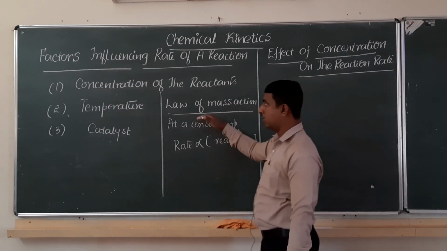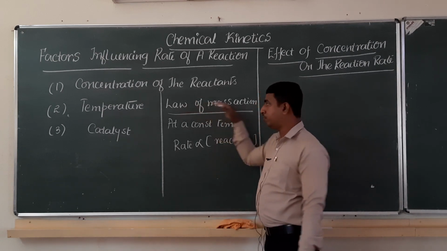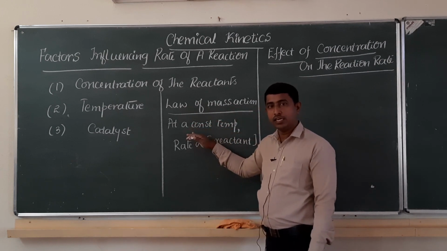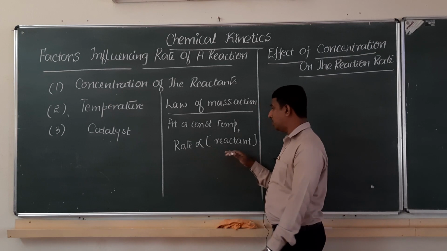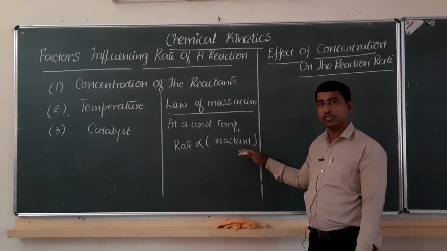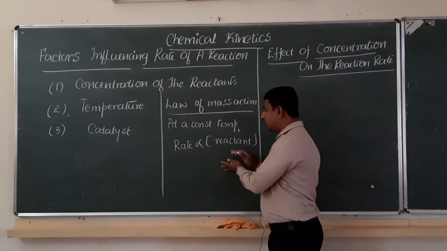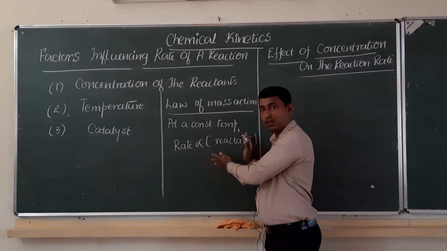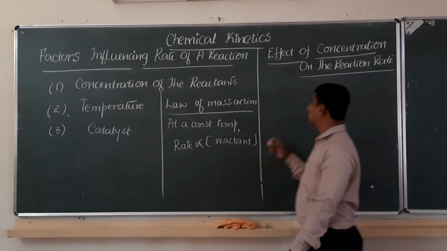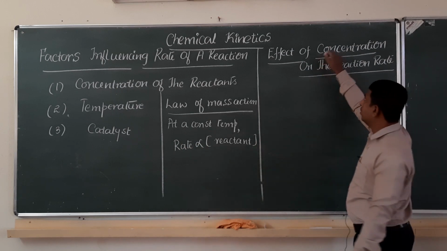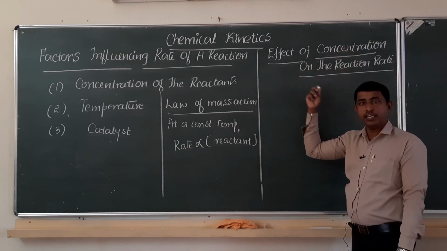I will repeat it once again. According to the law of mass action, at a constant temperature, reaction rate is directly proportional to the molar concentration of the reactant. What does it mean? With the increase in the concentration, reaction rate also increases. So here we can explain the effect of concentration on the reaction rate.